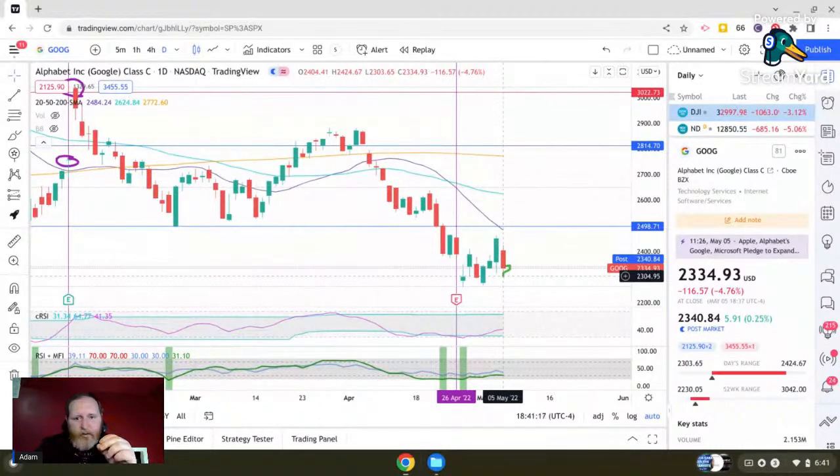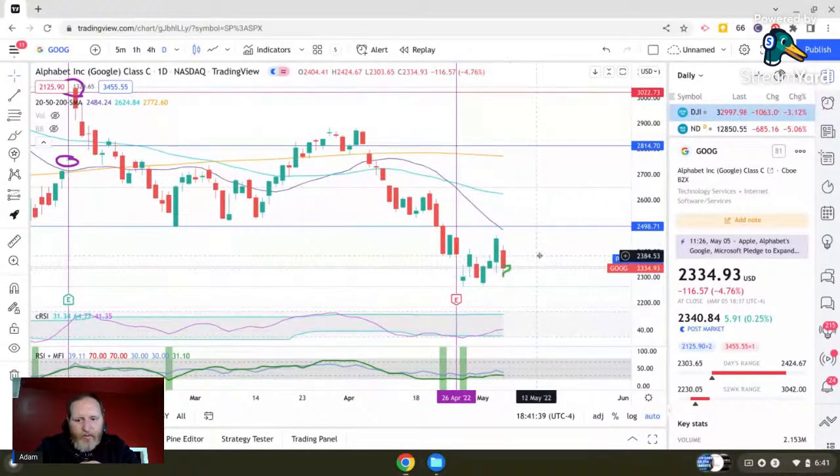And Alphabet closed at 23.34. So about a 30-point rise, or a $30 rise, however you want to look at it. But it was up 0.25% in the after hours. So that looks good for a possible rebound tomorrow.